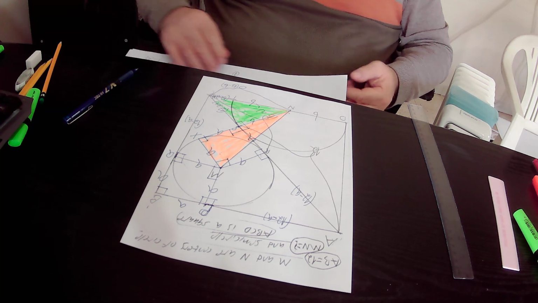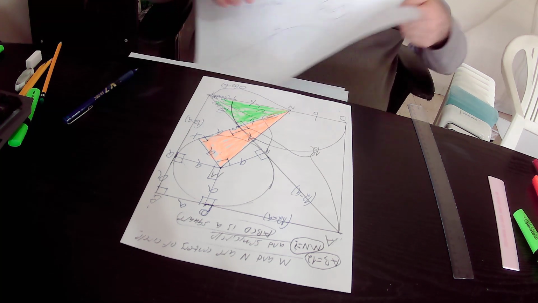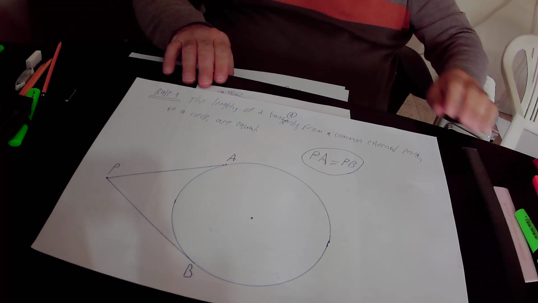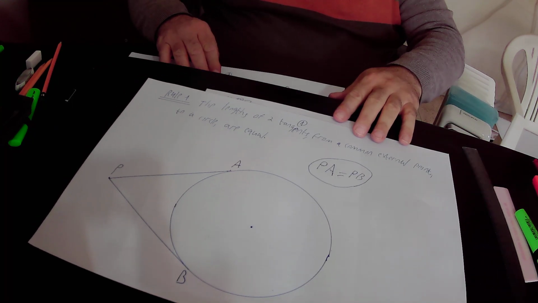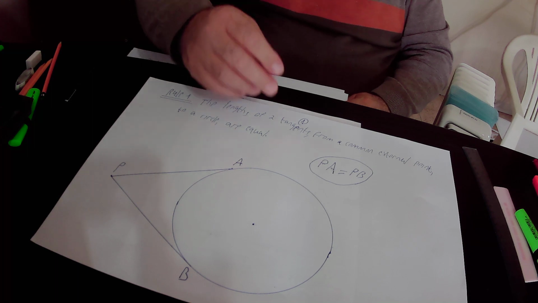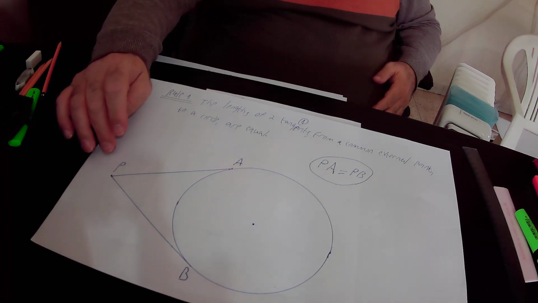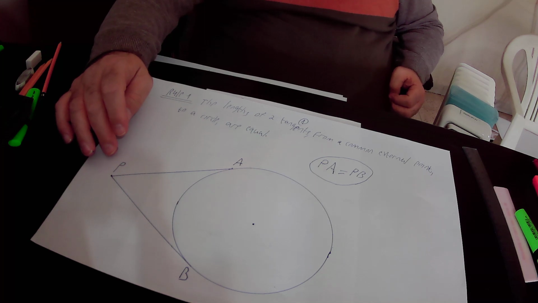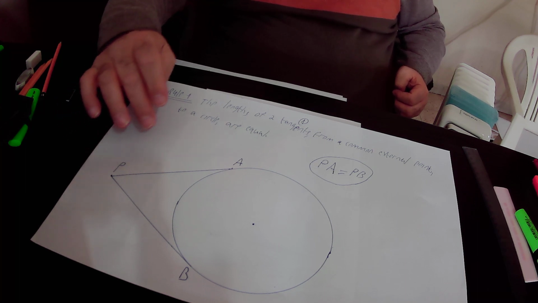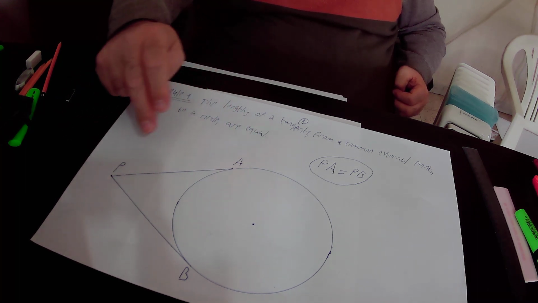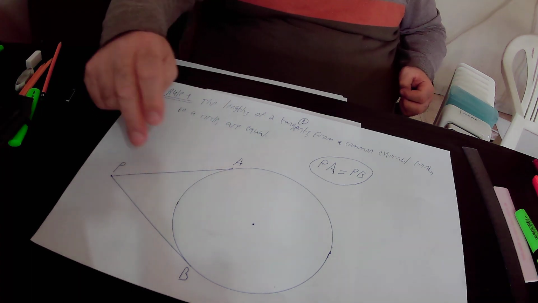Then I presented to you rule number 1. According to rule number 1, the lengths of two tangents from a common external point to a circle are equal. So if we have this circle and a common external point, point P, and from point P we draw two tangents to this circle, the first tangent is PA, the second tangent is PB.